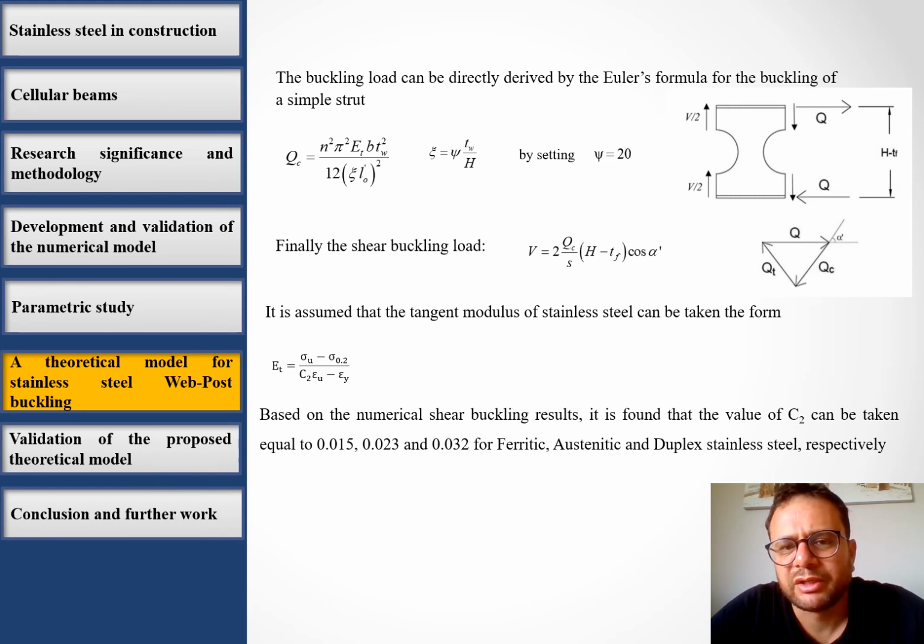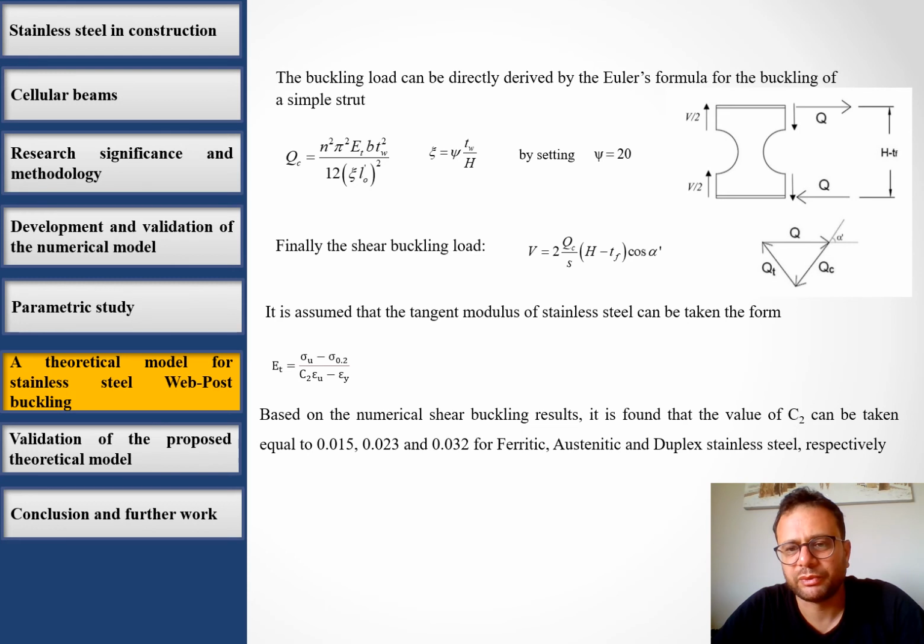Finally, we can find the shear buckling load using the equation V here, and the graphical representation is shown here, where Q is the shear load, QC is the buckling load of the struts, and QT is the tension. The tangent modulus ET of stainless steel depends on the level of stress at the buckling load, which can be calculated using the two-stage equation presented before.